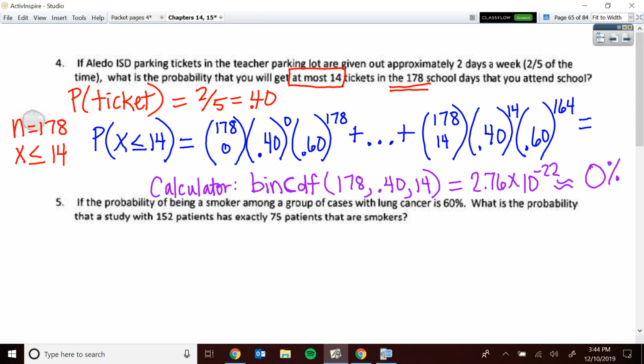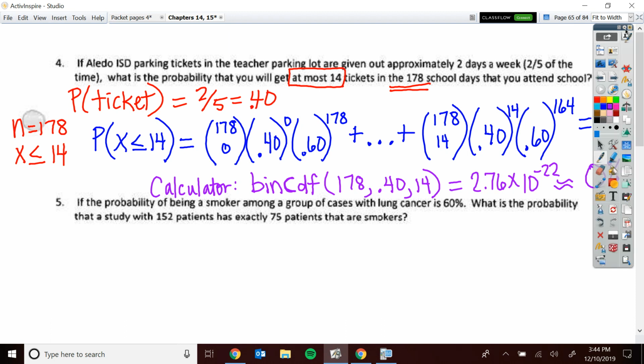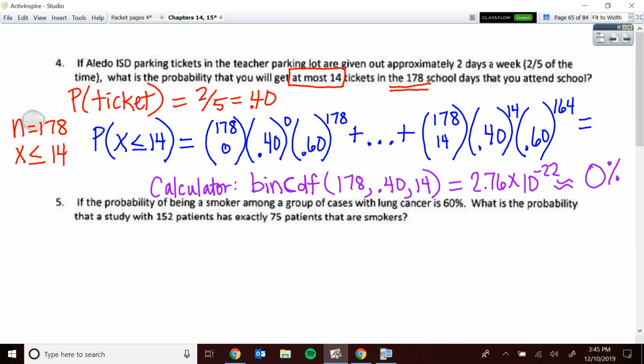So let's take a look at what I wrote here. See how you're following along. Remember this here. I want from 0 up to 14 because I'm going to allow 14 tickets. So this is representing 0 tickets, so that's why this is 0.40 to the 0 and 0.60 to the 178 non-tickets, plus my dot, dot, dot. That's my sequence.